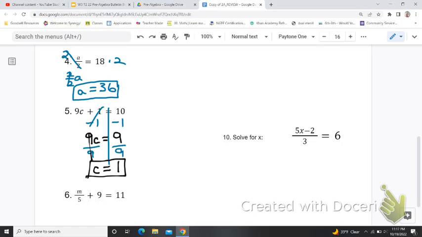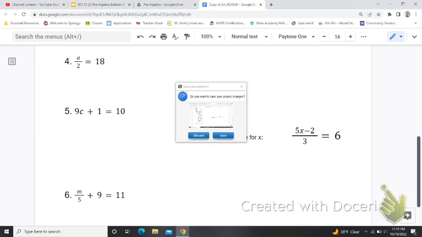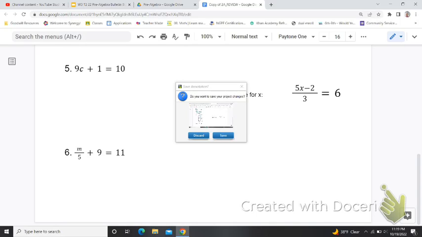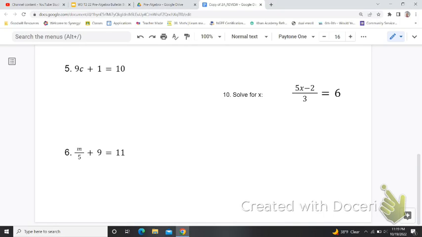In number 6, our equation has a fraction in it. The fraction is just one small part of the problem, so we can still undo our addition and subtraction first. So I'm going to subtract 9 first.